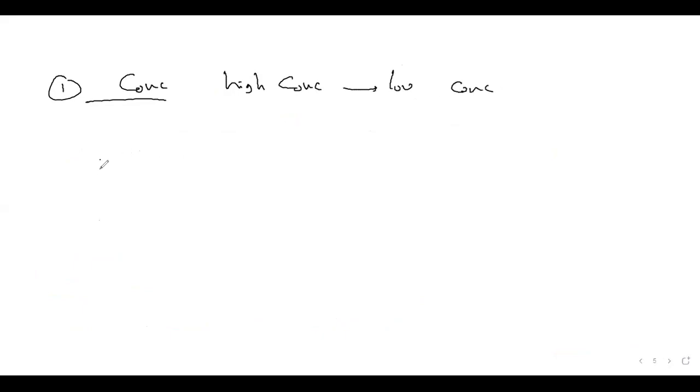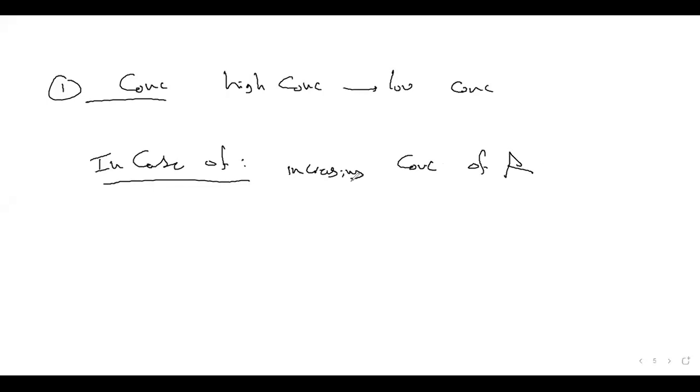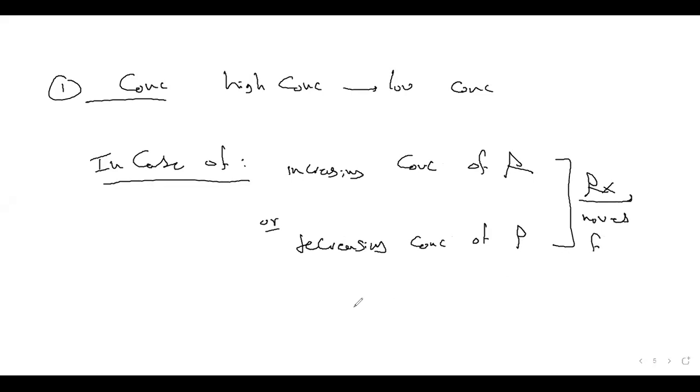Increasing the concentration of reactants or decreasing the concentration of products, the reaction moves forward and more yield is produced. Okay, this is number one.